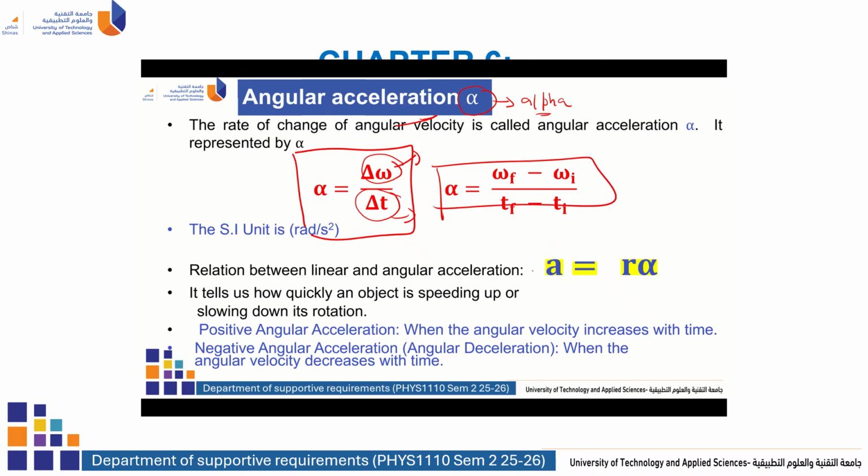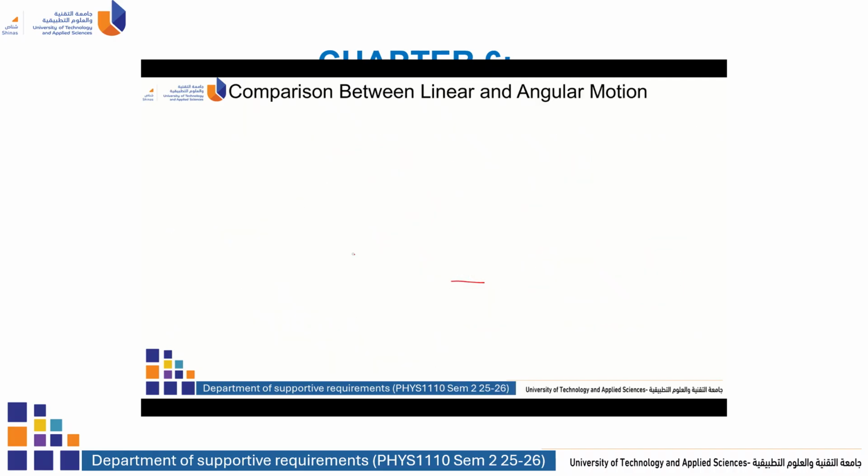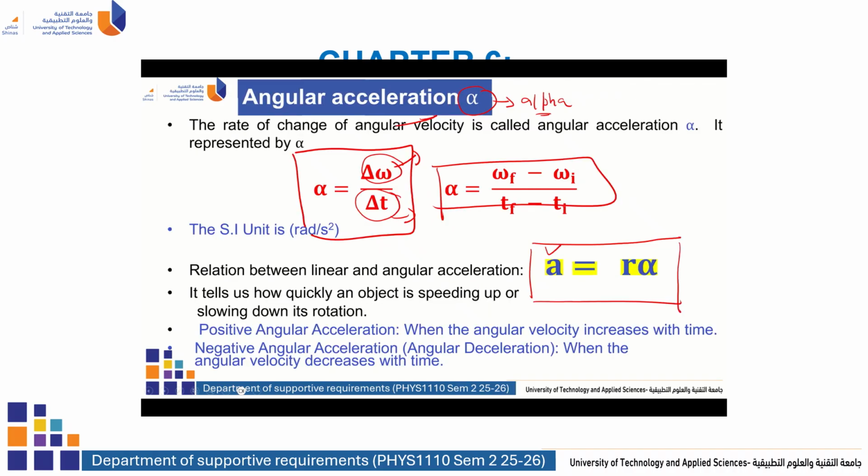And this is the relation between the a. What is the a here? This a is also an acceleration, but the name of this acceleration is linear acceleration. So a is equal to r alpha here.